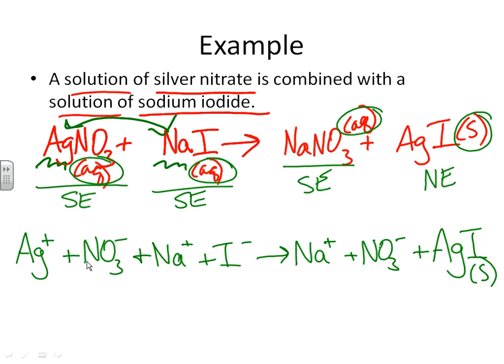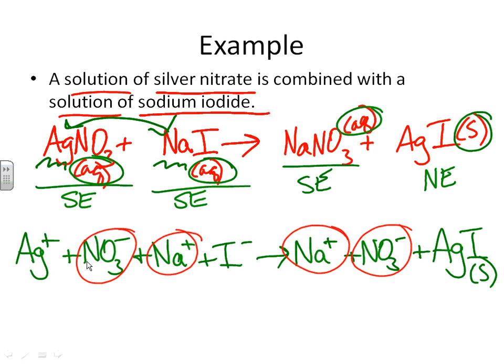Keep it together. And now we're going to eliminate things that are exactly the same on both sides of the arrow. The spectator ions, the things that don't actually change. We've got a nitrate on both sides that isn't actually doing anything, and we have a sodium on both sides that isn't actually doing anything.